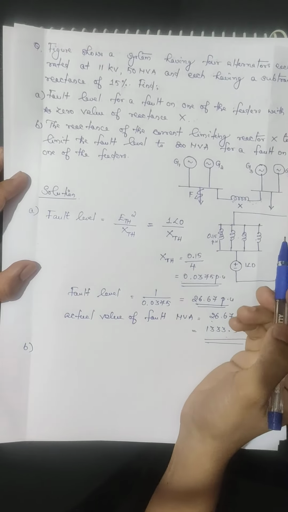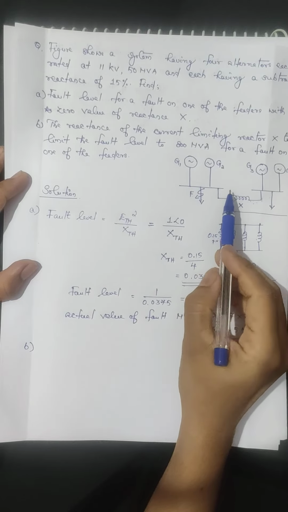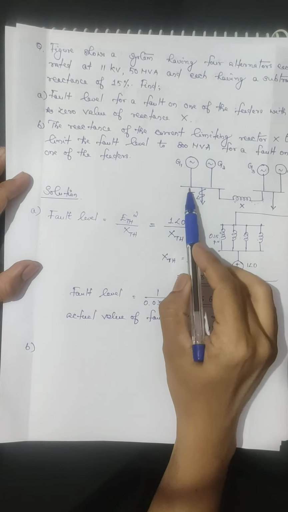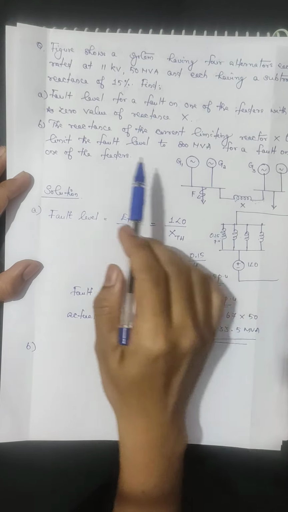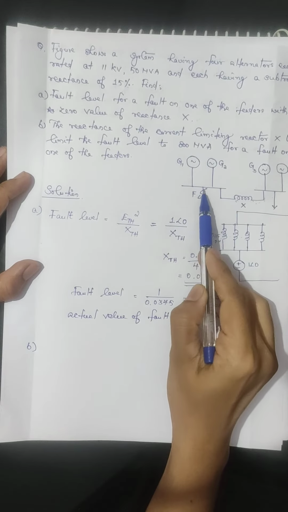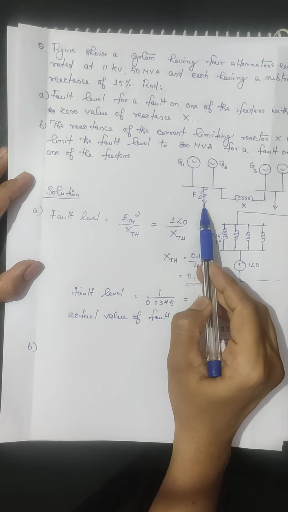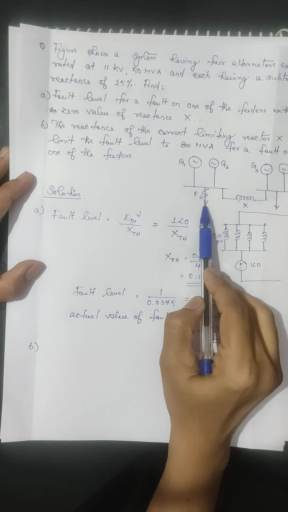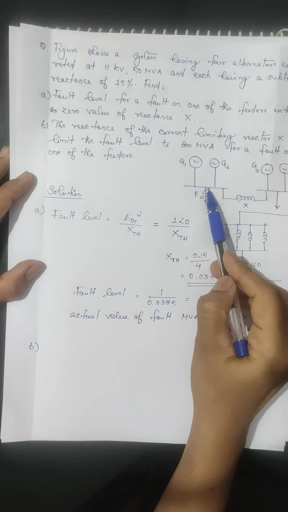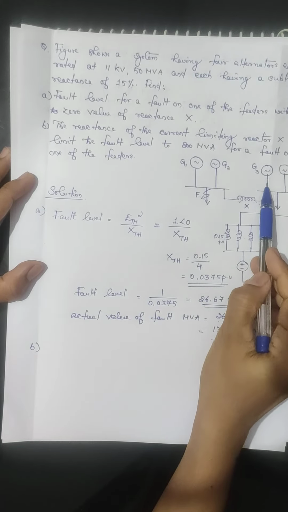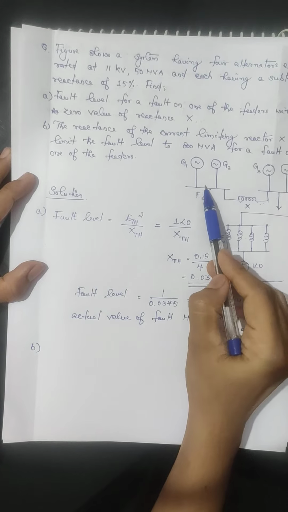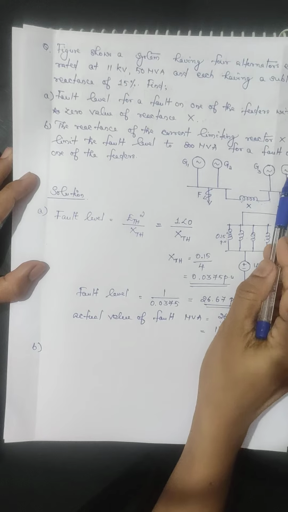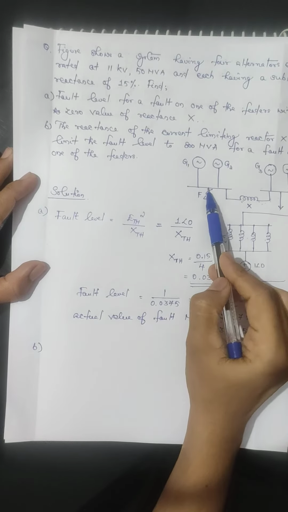Now, we already know that fault MVA or fault level is the apparent power flowing towards the fault point. So in the second case also, fault is occurring on this particular feeder. So apparent power will flow from generator G1 to the fault point like this, from generator G2 to the fault point like this, from generator G3 to the fault point like this, then from generator G4 to the fault point like this.